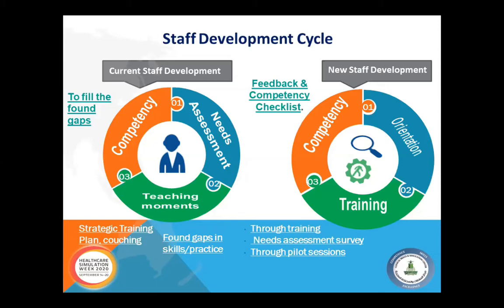The other cycle is current staff development. Of course, we have new staff, but we also have current staff. When you do the needs assessment, you find some gaps in some of the skills that need to be improved more. So here you will focus on the teaching moments, or what we call your strategic plan, and coaching and practicing more.